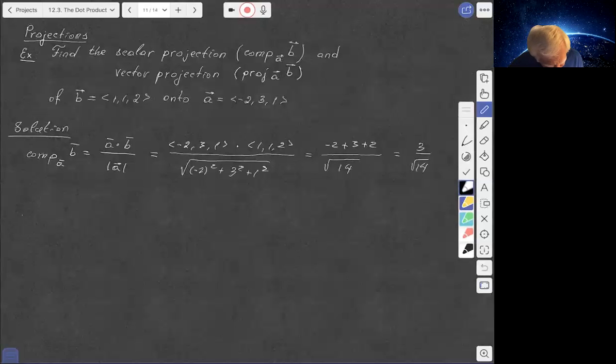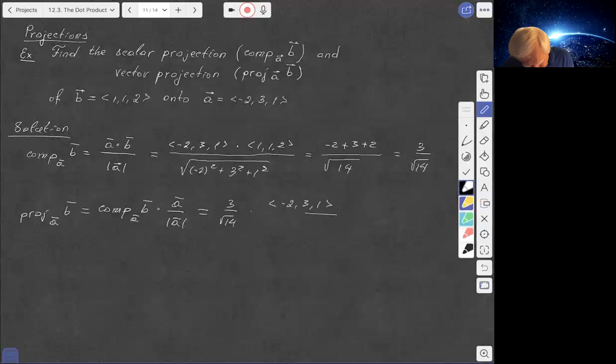In order to find the projection, you can use the formula that we just got, but you can also use the idea that the projection is the component multiplied by the unit vector in the direction of A. So let's do the second one because we have calculated the component already, times the unit vector, A over the magnitude of A. That is equal to 3 over the square root of 14 times the vector A, negative 2, 3, 1, over the magnitude of A, which is the square root of 14 again.